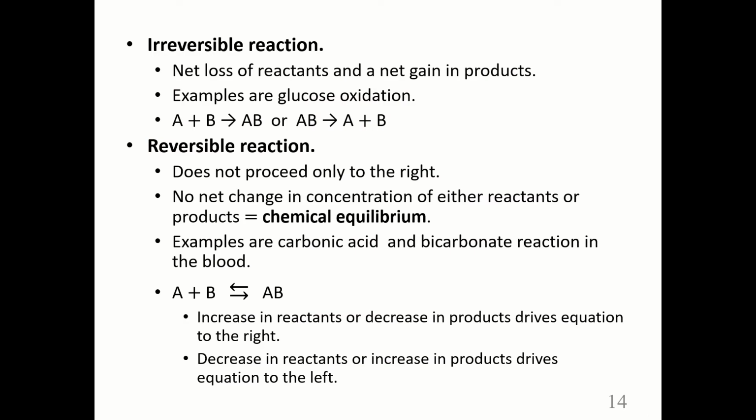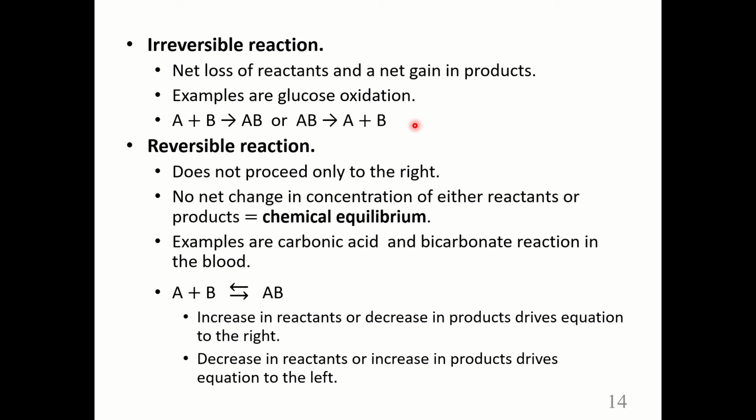In an irreversible reaction, there is a net loss of reactants and a net gain in products. An example of an irreversible reaction is glucose oxidation. We can either join molecules together or we can break molecules apart.